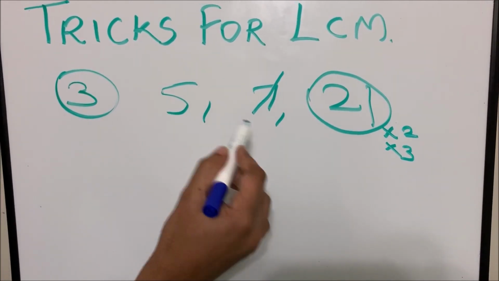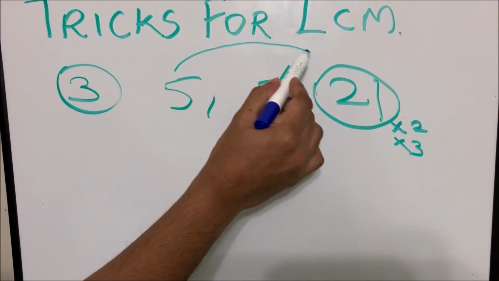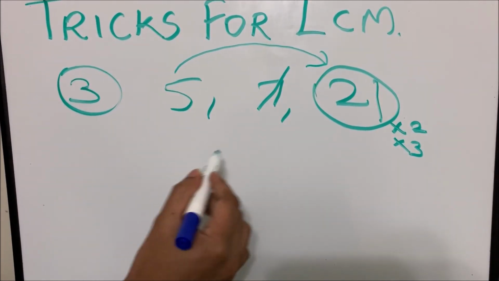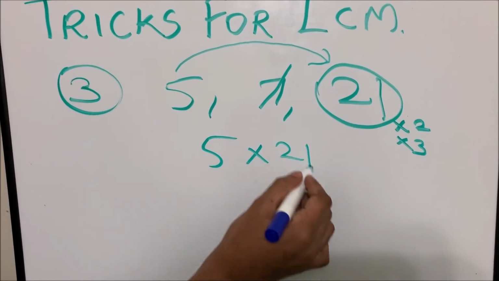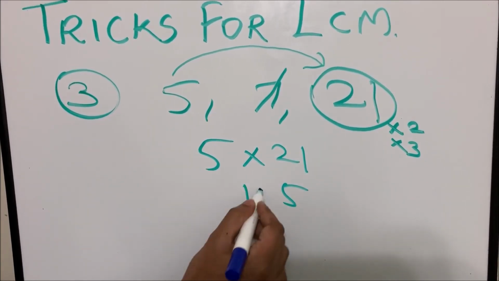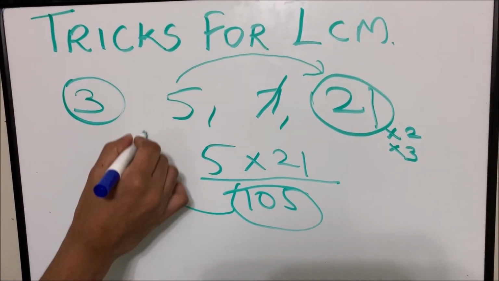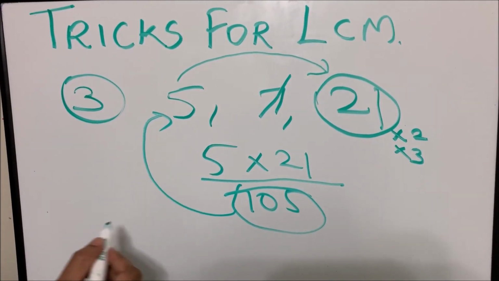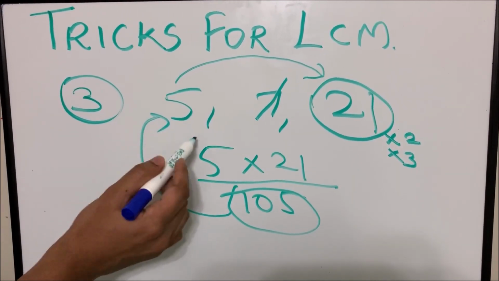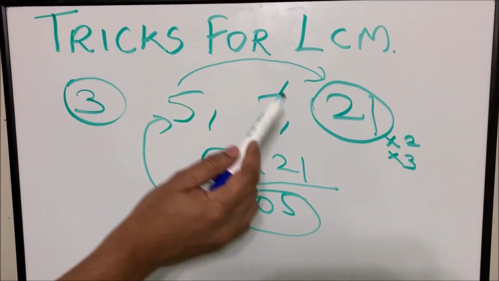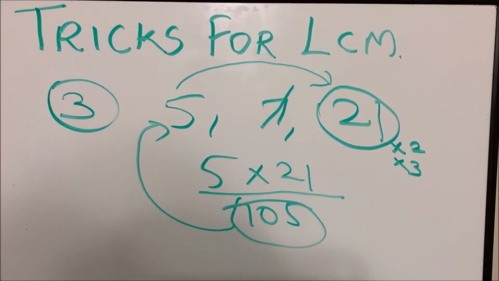Otherwise, an easy method is, since 5 is a prime number, you can directly multiply 5 by 21, which will give the LCM. That is 5 times 21, which is 105. That is the LCM of 5, 7 and 21. That is trick 3. In any set, if we have a prime number, you can directly multiply to arrive at the LCM. That's all with LCM.